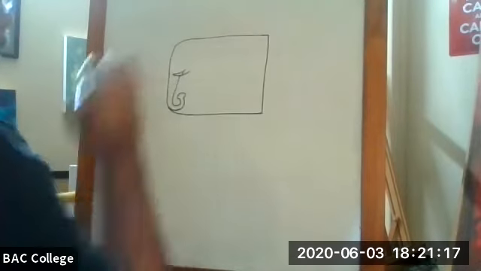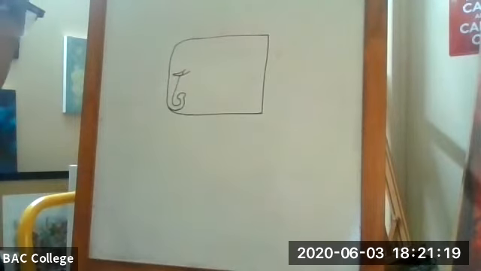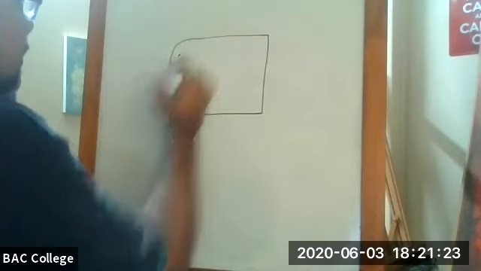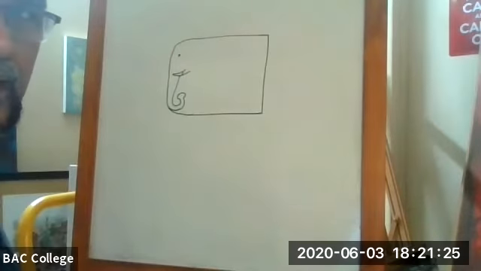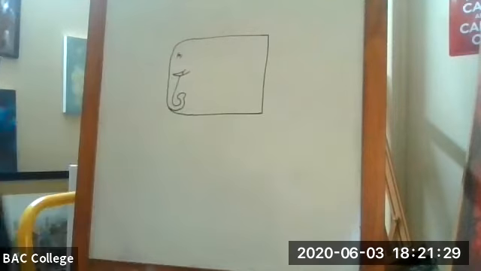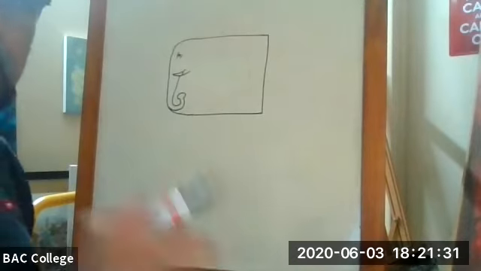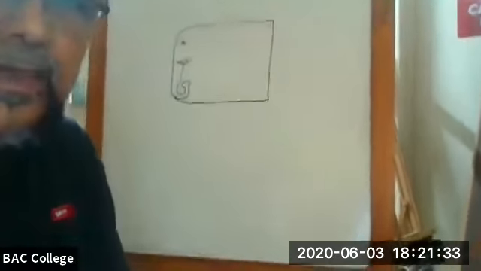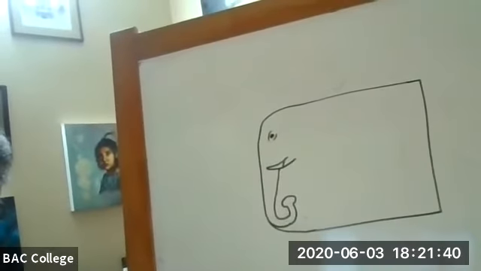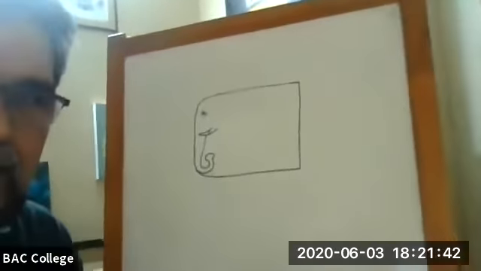You can draw that over there. And let's give this fella nice big eyes like that, and maybe a little line up here and a line down there. Can you see it?